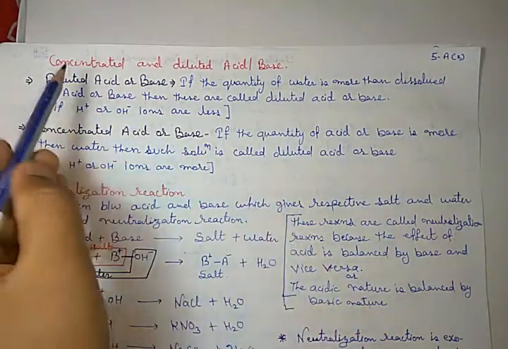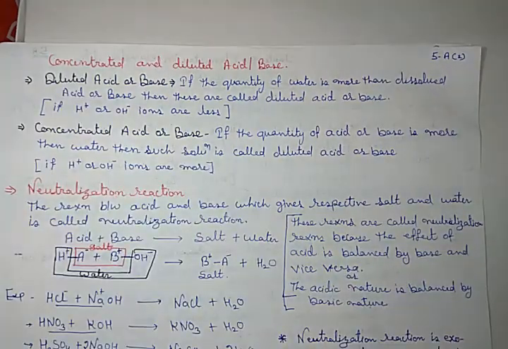We use dilute when the amount of dissolved substance is less than the solvent. And when the amount of solute is more than the solvent, then we use concentrated.